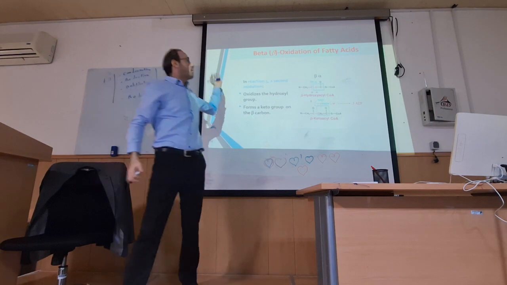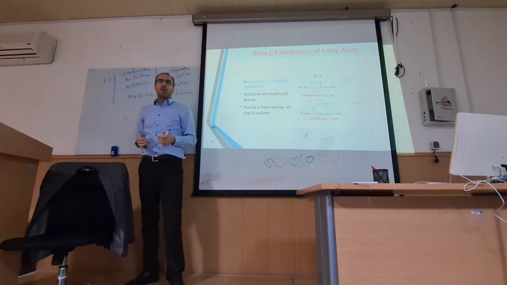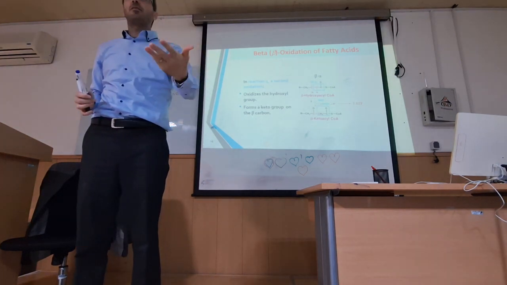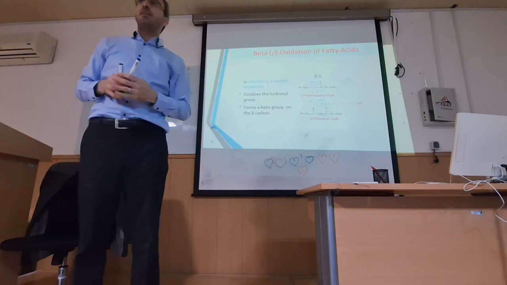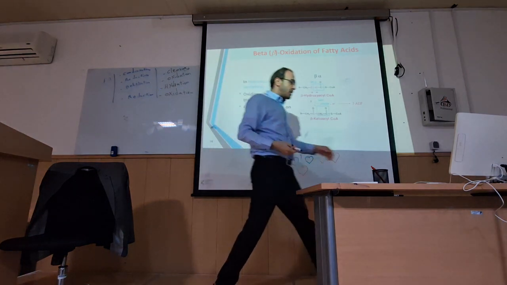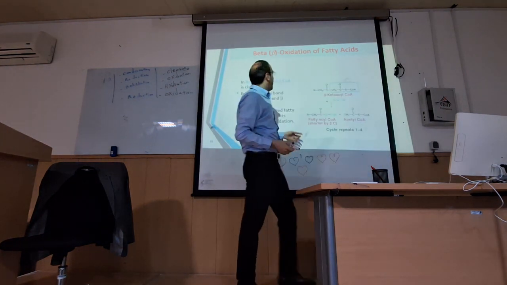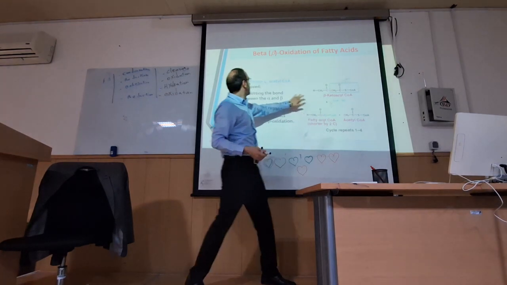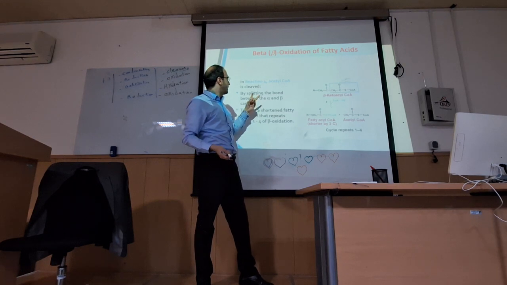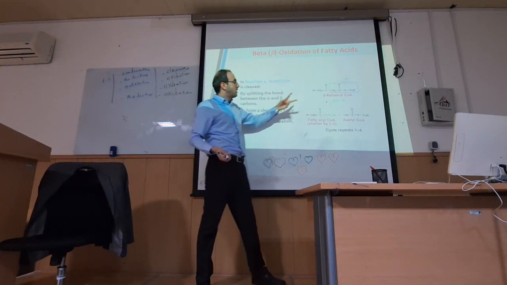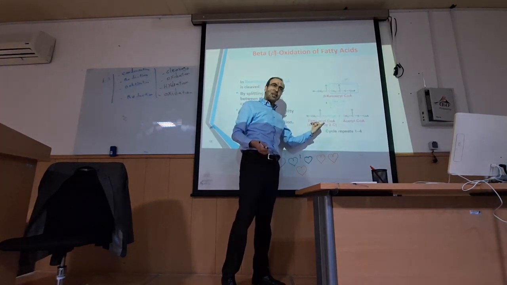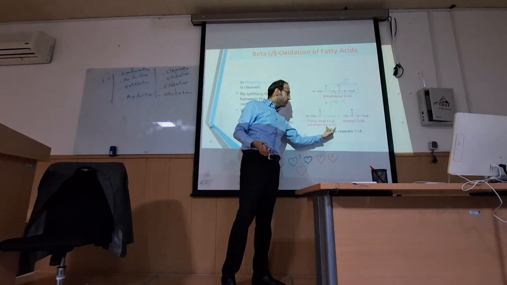So beta oxidation and fatty acid synthesis consist of 4 steps, which should be repeated for synthesis of fatty acid or fatty acid degradation, or beta oxidation. In the next step, we have an enzyme known as thiolase, which creates a cut between these two and produces acetyl-CoA and fatty acyl-CoA shorter by 2 carbons.